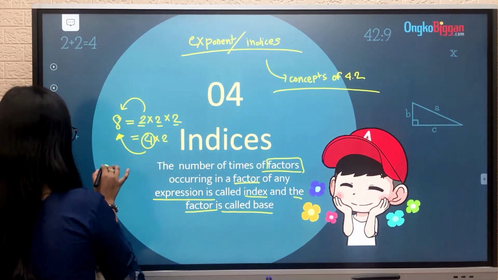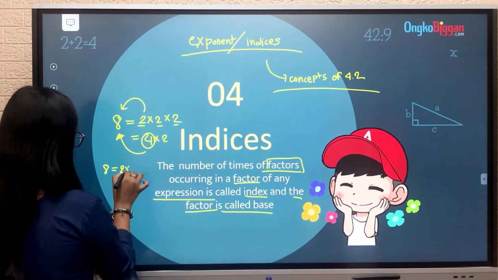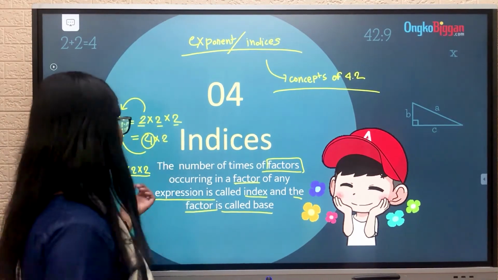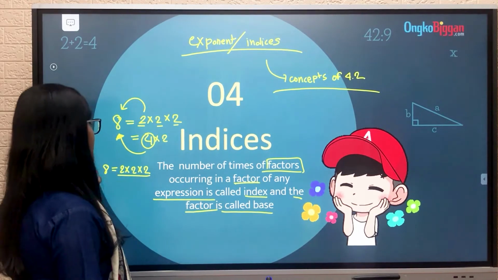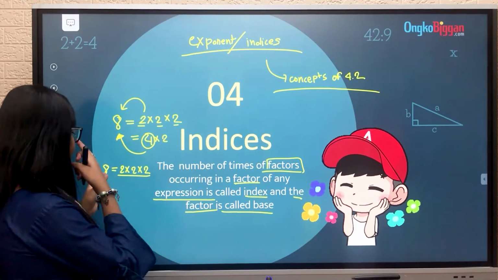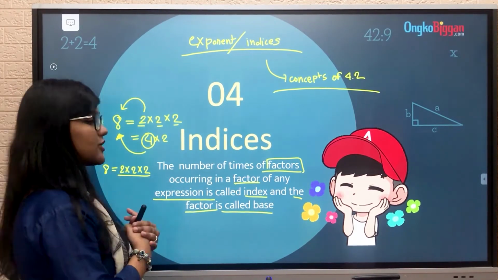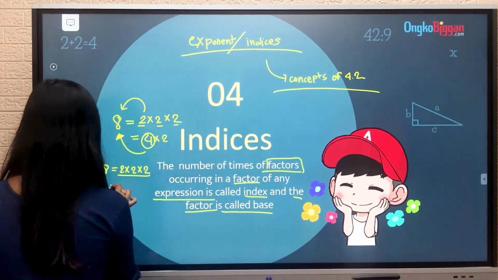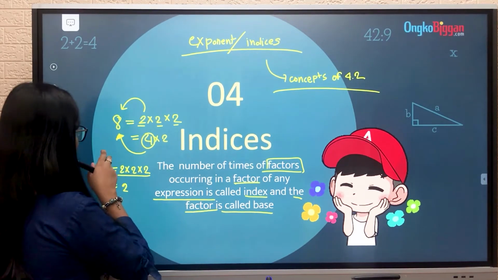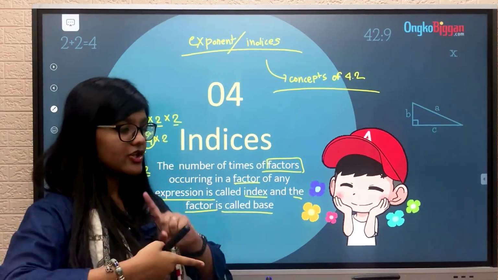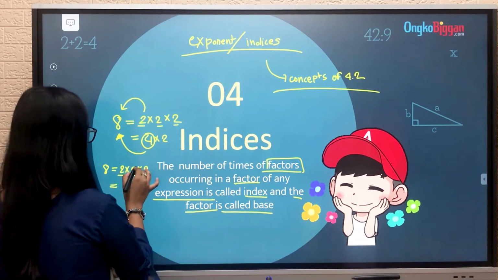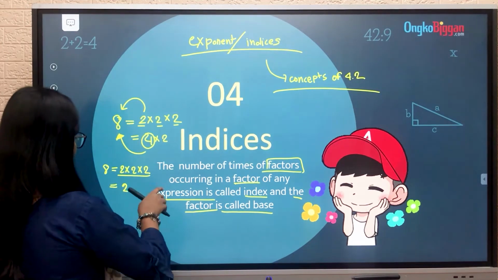So writing 8 equal to 2 into 2 into 2 takes a lot of time to express in the form of factors. It is consuming a huge time. So what we will do is take the factor that is repeating, and we will not write 2 again in the multiplication form.